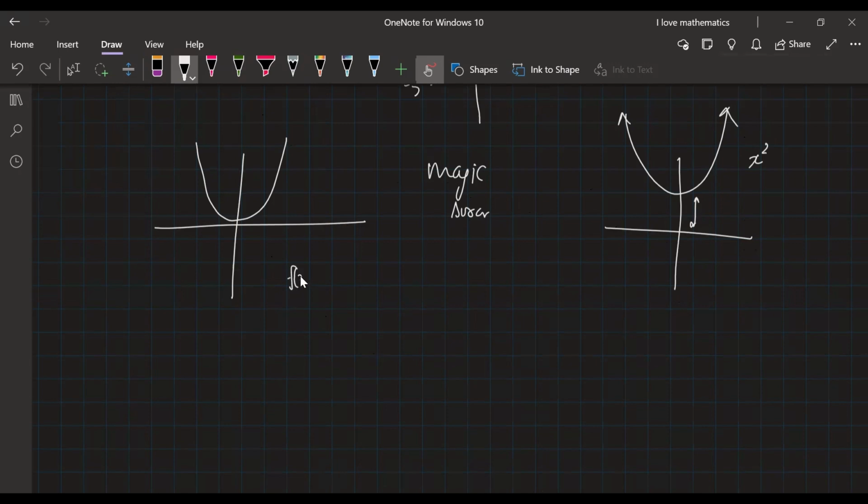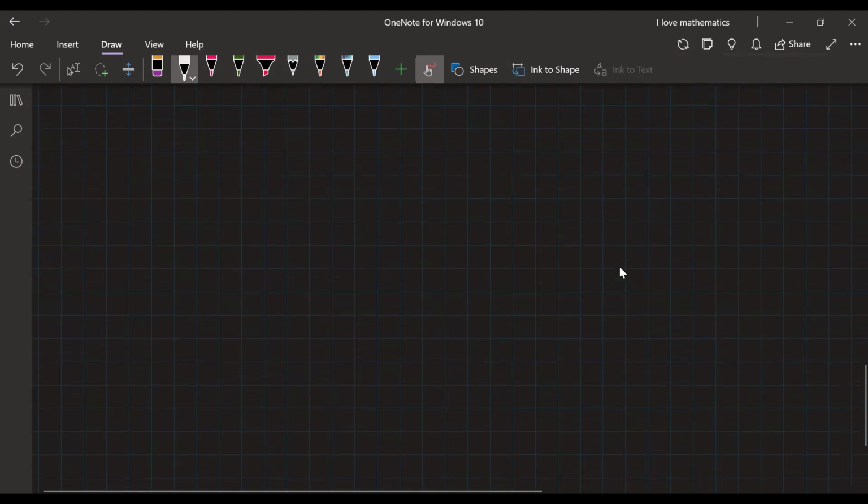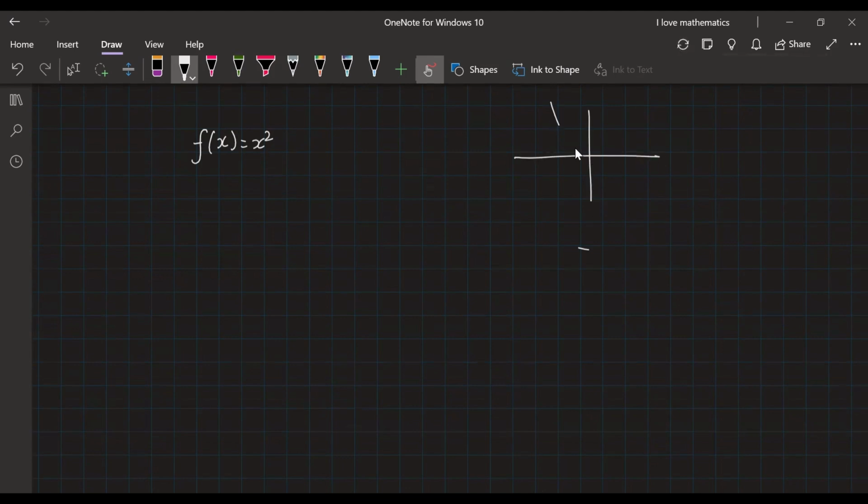Let us assume that this is x squared. In general, it is f of x plus c. Wait, listen to me. If f of x is x squared, which is the general quadratic graph like this, then what is the graph of another function, x squared plus 5?